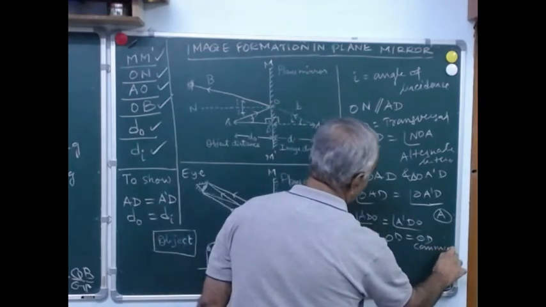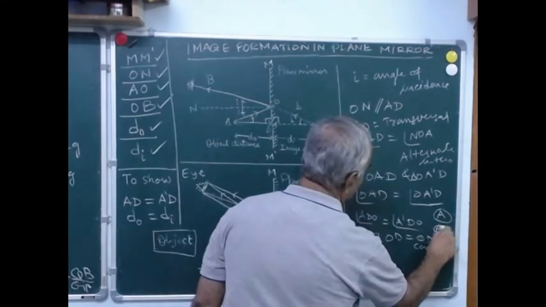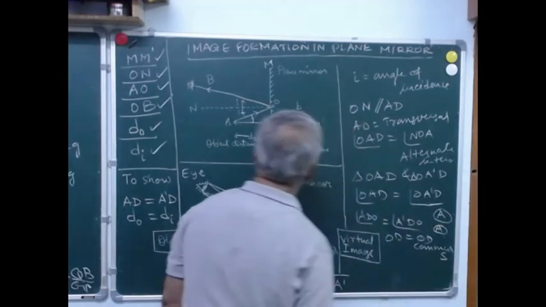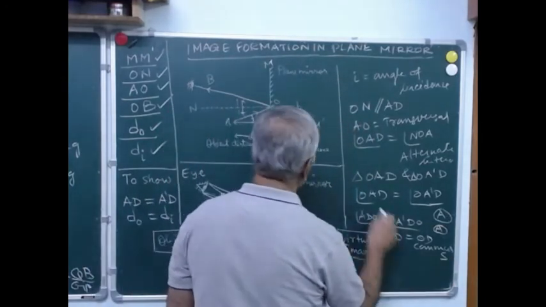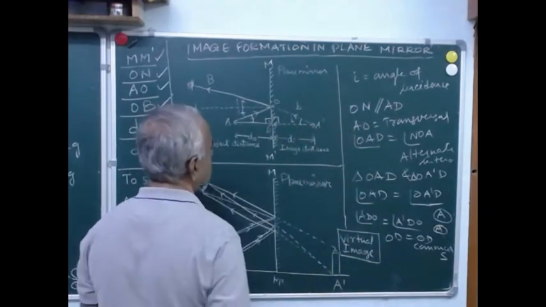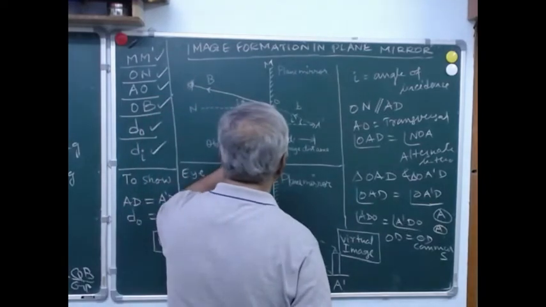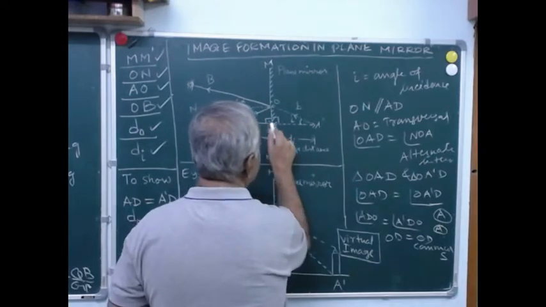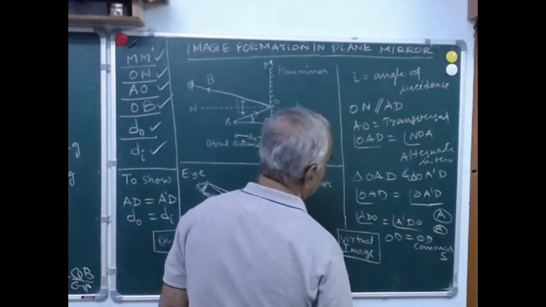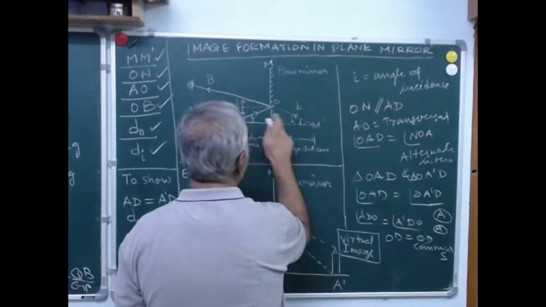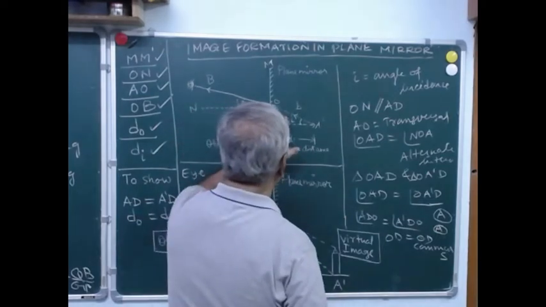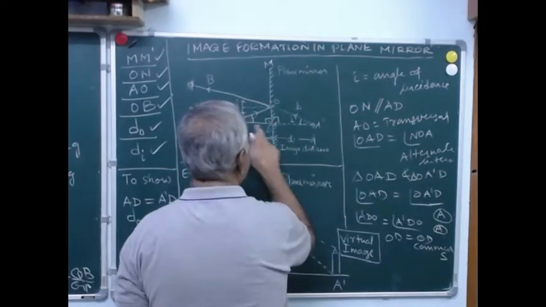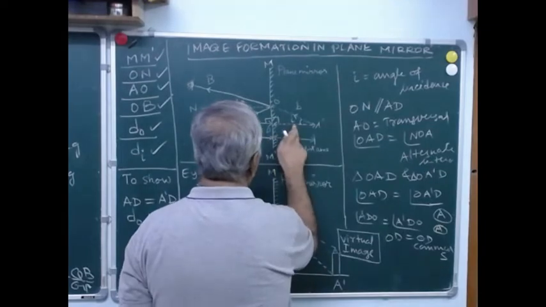Are you able to follow? So here angle and here side. By this, these two triangles are congruent. Our objective is to prove AD is equal to A dash D. When these two triangles are congruent, the corresponding sides should also be equal.